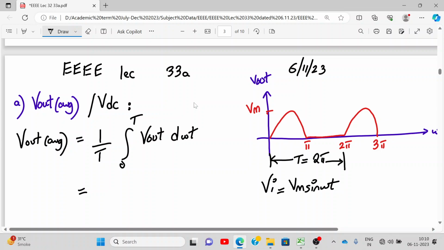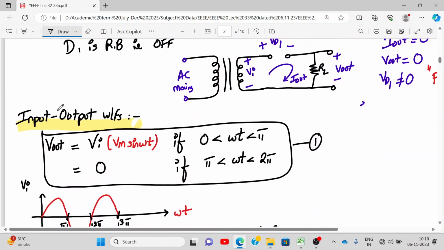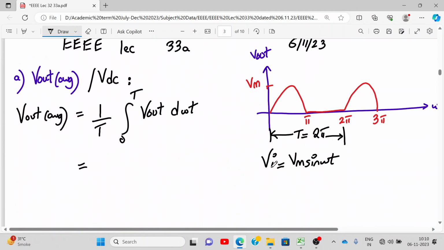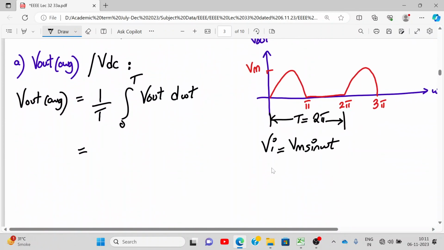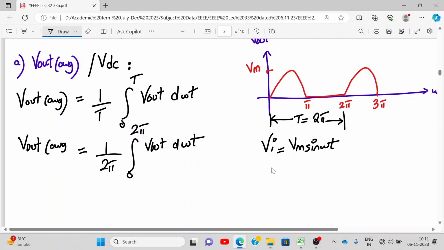Now from 0 to pi, the output follows the input, right? So you can check this. V out is equal to V in from 0 to pi, and from pi to 2 pi it's 0. So here it will be 1 upon 2 pi integral 0 to 2 pi V out d omega t. Basically 0 to pi will be V in, and pi to 2 pi will be 0.